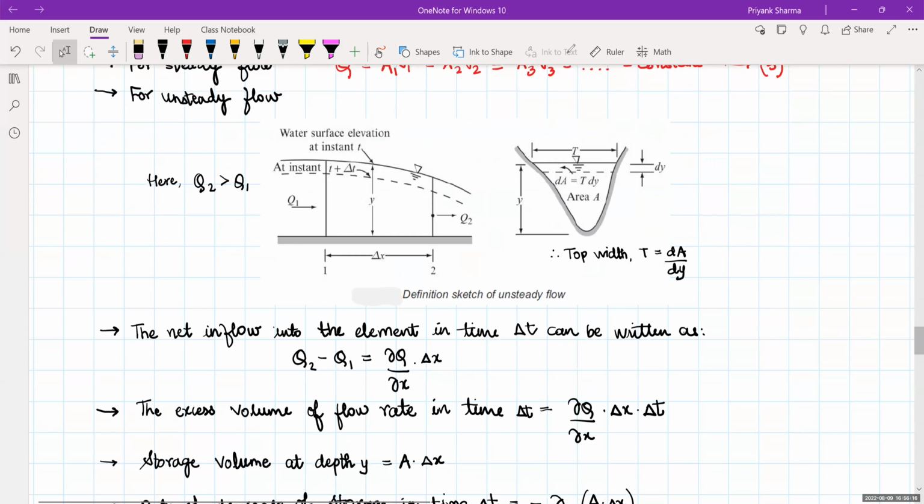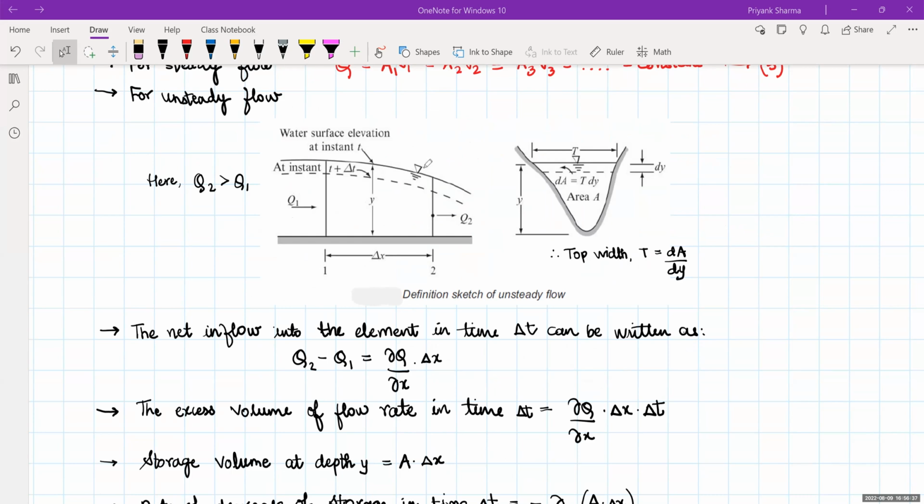In case of unsteady flow, you know that water will be added or subtracted, and due to that there is unsteadiness of the flow. So you have a discharge Q1, and there is another discharge Q2, and the water surface elevation at any instant is given to you.